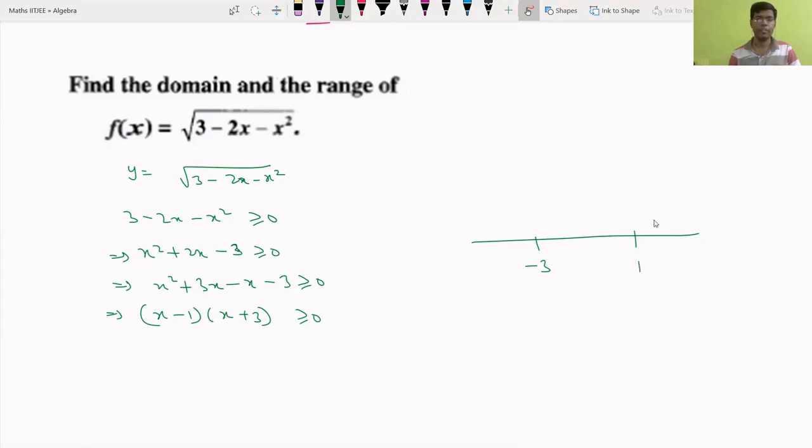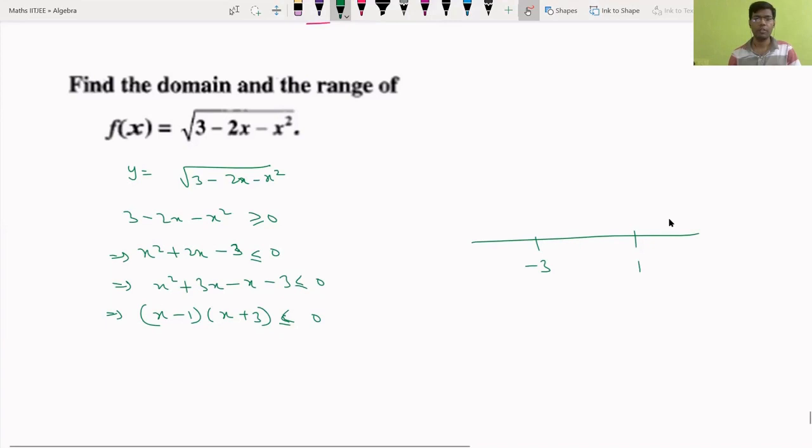And here I will have, okay, one second. I think here, because when we multiply by −1, the sign gets reversed.